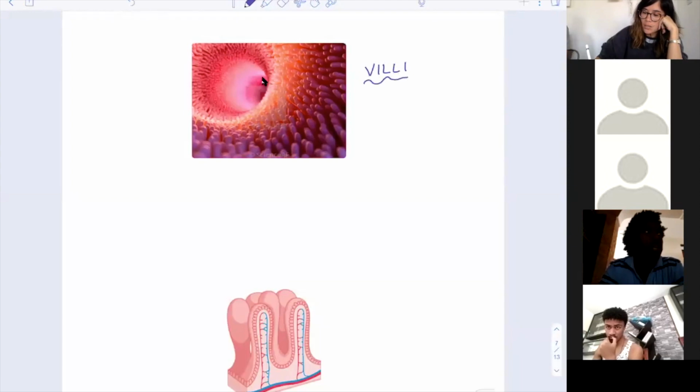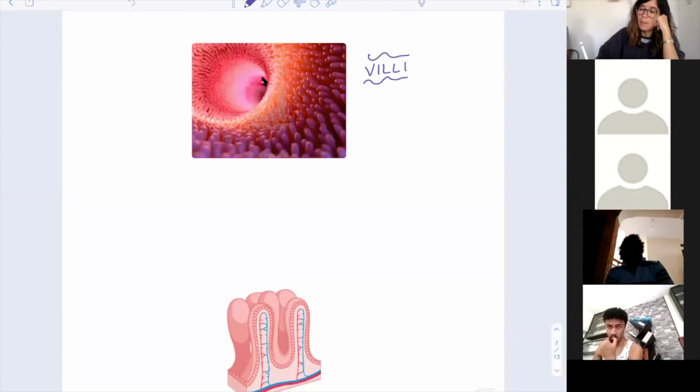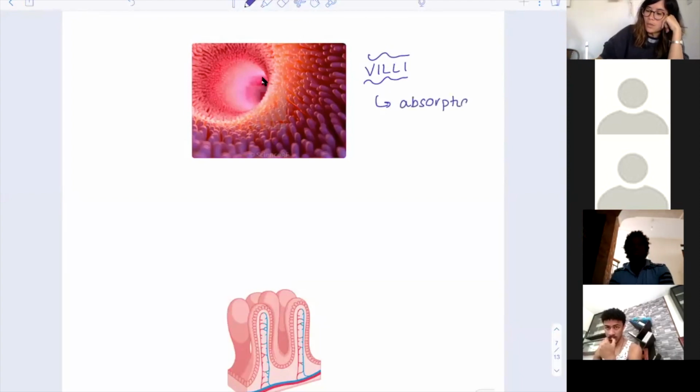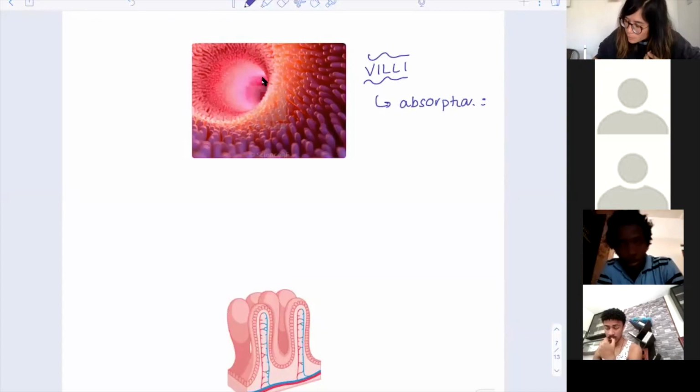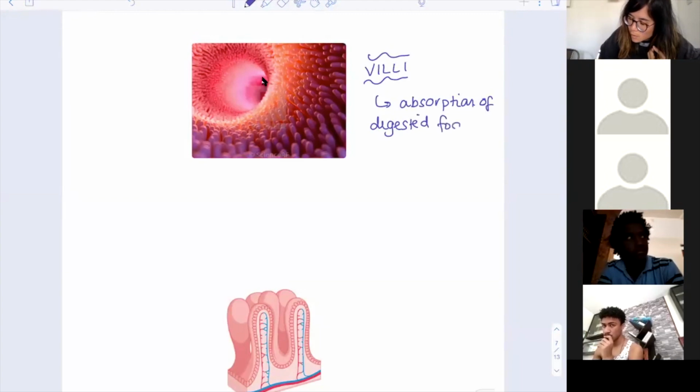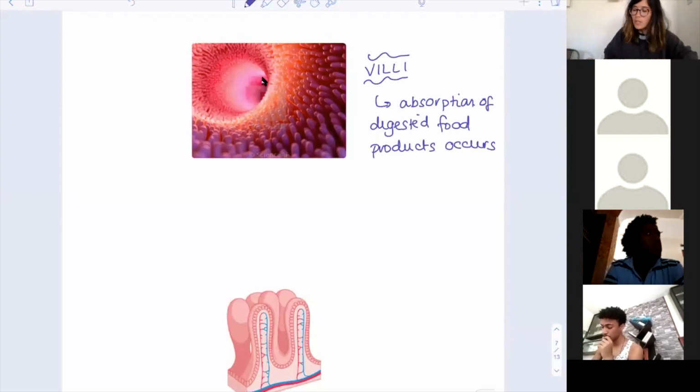Now, these are so important because if we remember, what happens in the small intestine is the absorption of digested food products. And so really, we need to work out how we can make this process as efficient as possible.